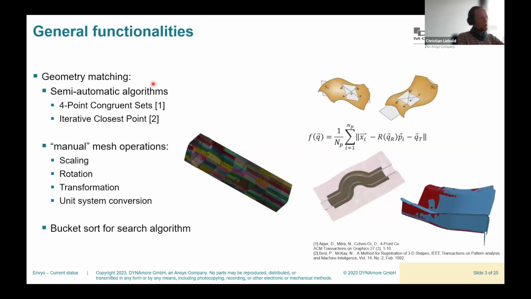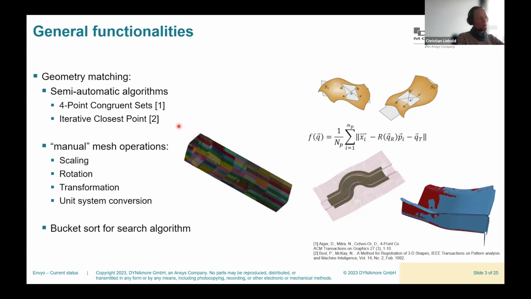So to the general functionalities, as I said earlier, we usually start with geometry matching. We do have some semi-automatic algorithms which we use. One of them is the 4-point congruent sets algorithm. The other one is the iterative closest point algorithm, which is kind of a standard approach. I say semi-automatic because the iterative closest point usually works based on nodes.